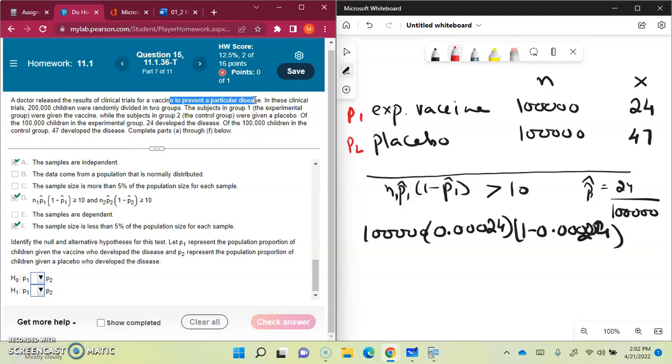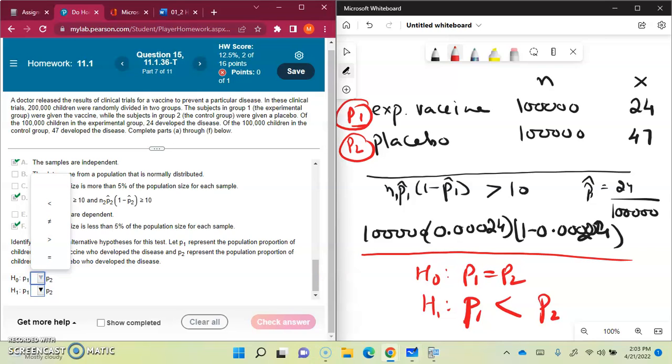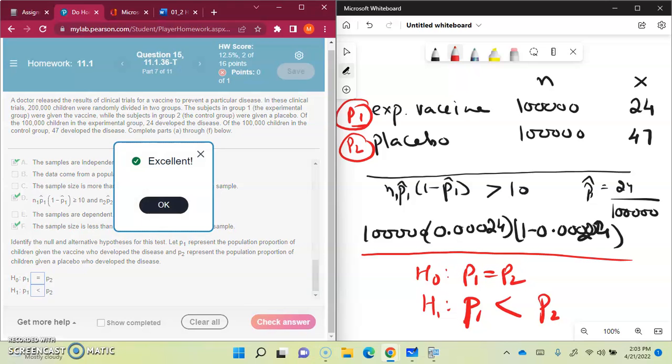That means we should test that the proportion of people who took the medicine, that is the P1 group, is less than P2. So the null hypothesis is always equal. For the alternate hypothesis, we want to claim that the proportion of people who have taken the vaccine getting the disease is less than the proportion of people who have not taken the vaccine, that is, have taken placebo. So the null hypothesis is always equal, and this is the less-than type.